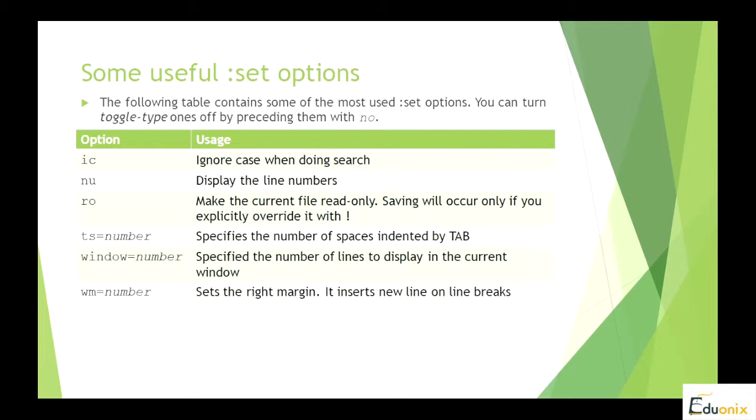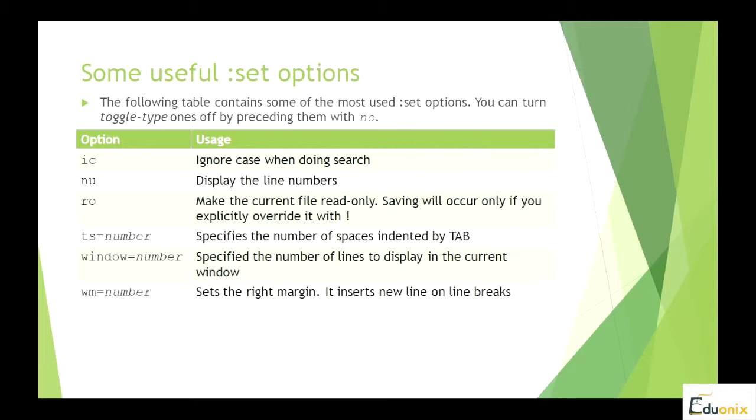And here let's have a look at some of the most important options that can be set by the set command. We already saw the ignore case, the IC, the NU, and this is a new one, RO. This is useful, as we said, when we want your VI file to be temporarily read-only. We saw before how you can use the view command to open a VI file in read-only mode, but if you use the view command or the R argument with VI, you are forcing the entire session of your VI to be read-only.